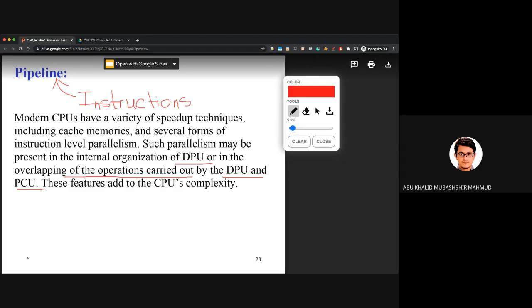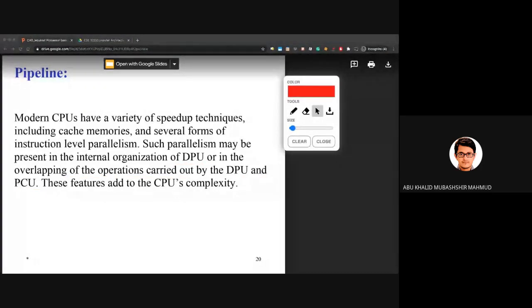These features add to the CPU's complexity. So if we are to incorporate this pipelining feature, we have to increase the CPU's complexity. That is a must. So let's move forward.